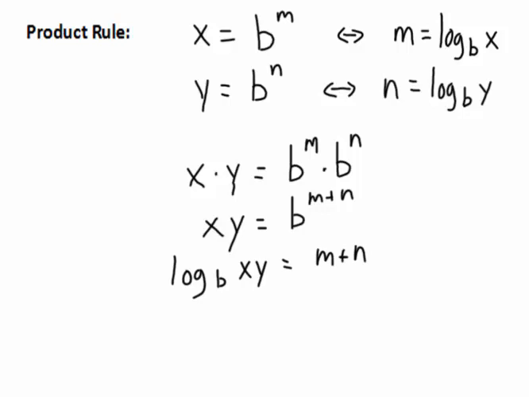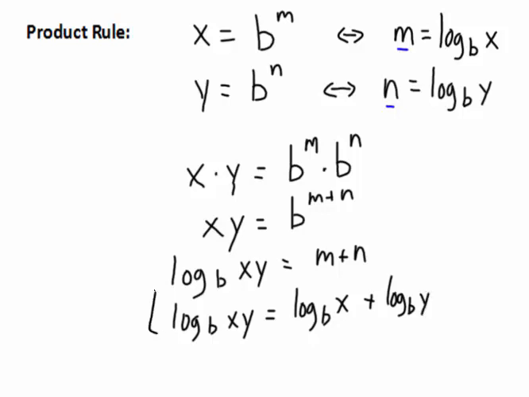But now look up here, we have values for m and n in terms of logarithms, and we can just replace those. So that'll leave us with log base b of xy is equal to, our m value was log base b of x, and our n value is log base b of y.